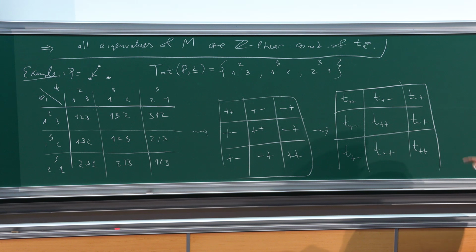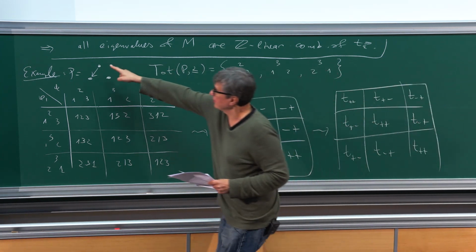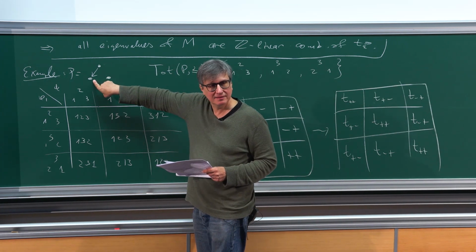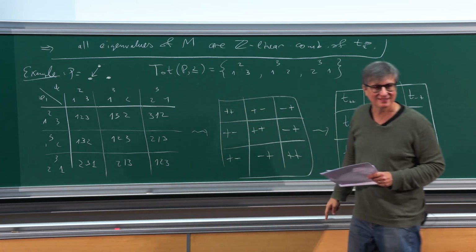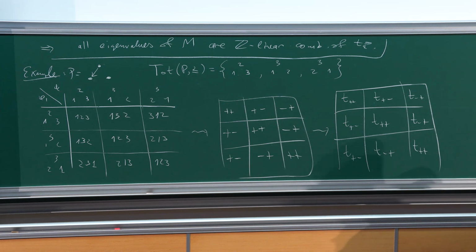Could you explain why the other possibilities are here? This number should be bigger than this number. That's my order, and I just replaced it by an inequality sign, this arrow. Okay?